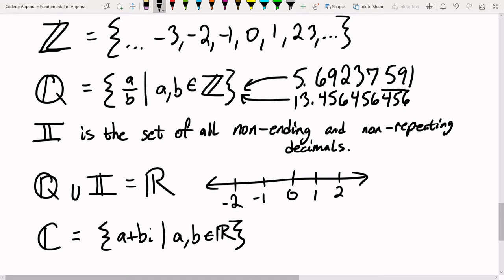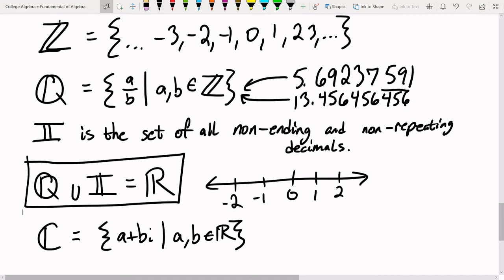That's like the most complete set that we have, but the real numbers are more approachable, and so that's what we kind of stick with and work with, is the real numbers here. And that's how the real numbers are formed, by unioning the irrationals and the rationals. So these things are all connected, especially because they're all real numbers.